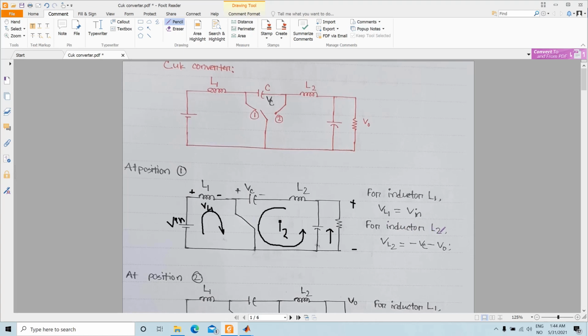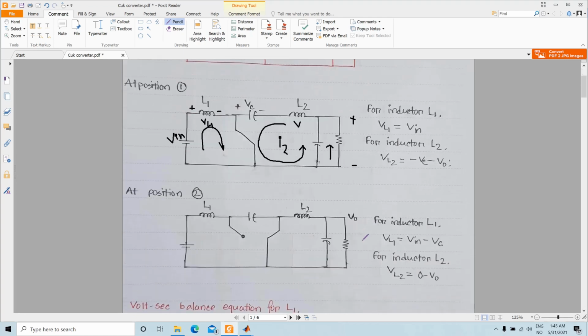For inductor L2, the voltage across the inductor, VL2, is equal to minus VC minus Vo. So the negative of the capacitor voltage minus the output voltage; you can apply KVL around the voltage loop to get the voltage across the inductor L2.